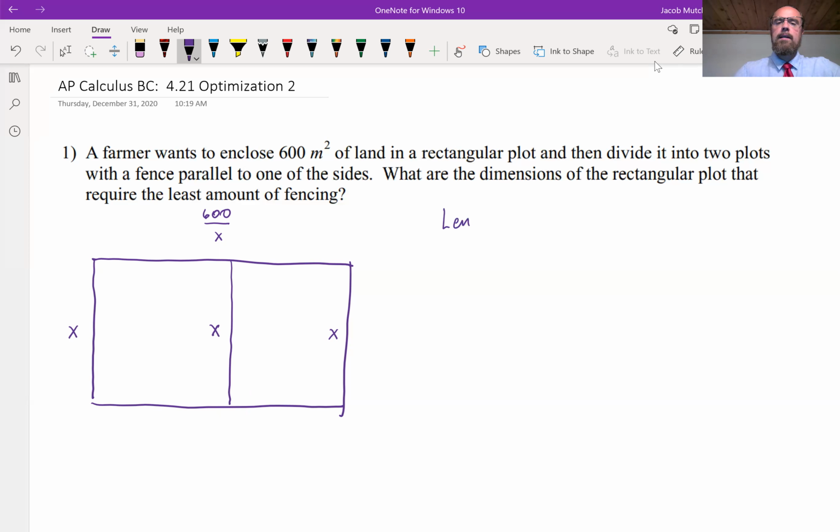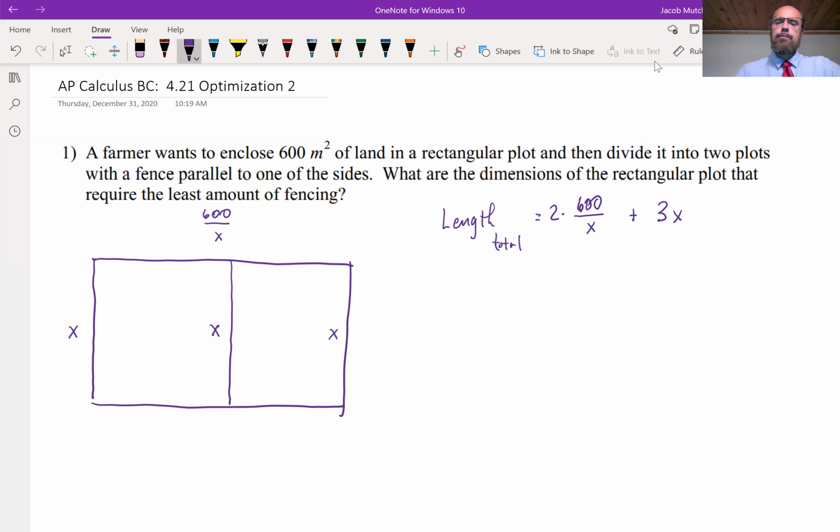So the total length of fencing is going to be equal to 600 over X, but I've got two of those, the upper piece and the lower piece, so I'm going to multiply by 2. And I've also got 3 of these vertical pieces, so 3X.